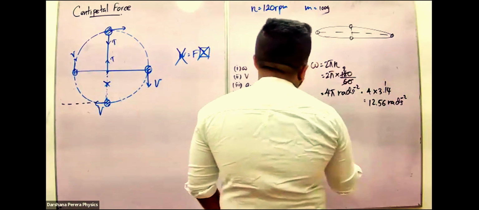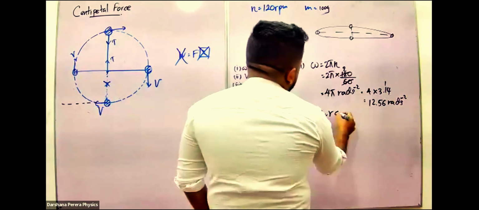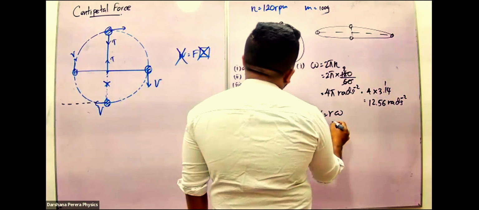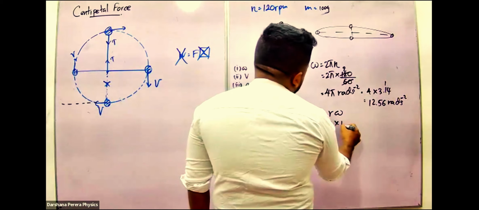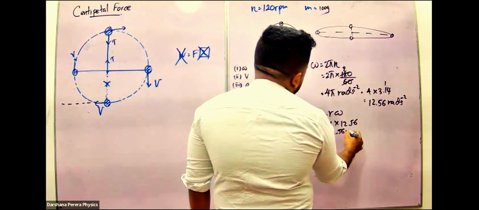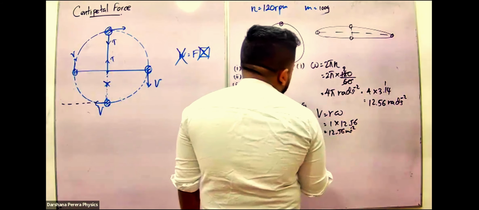Then what is v? v equals r omega. Yes, your answer is correct. r equals 1 meter, omega equals 12.56, so v is 12.56 m s^-1.